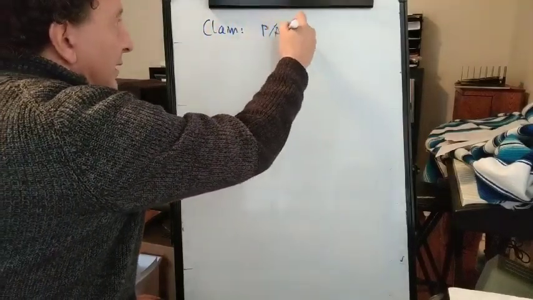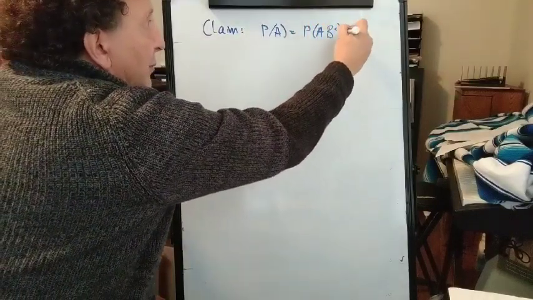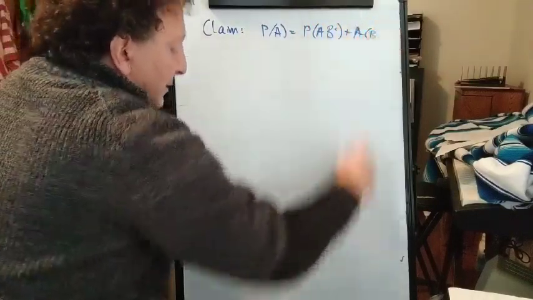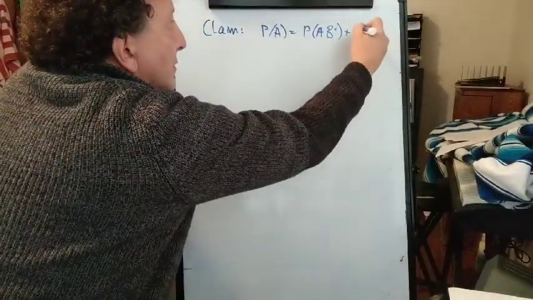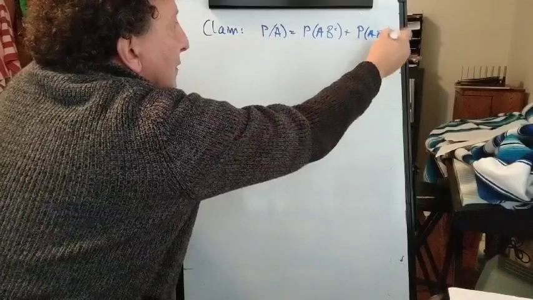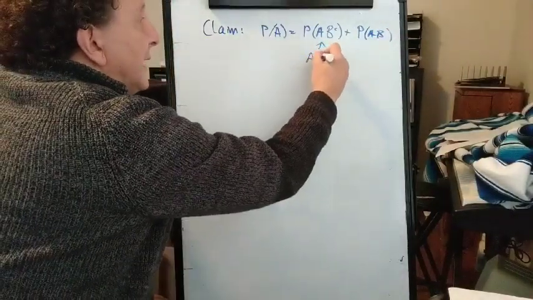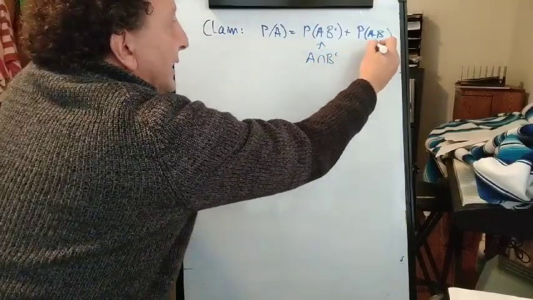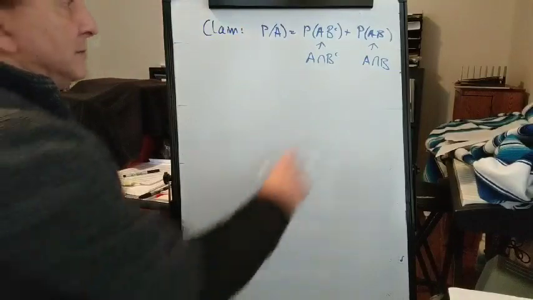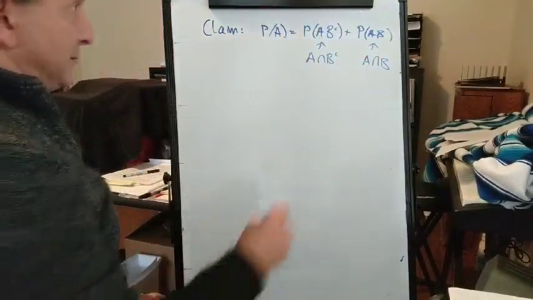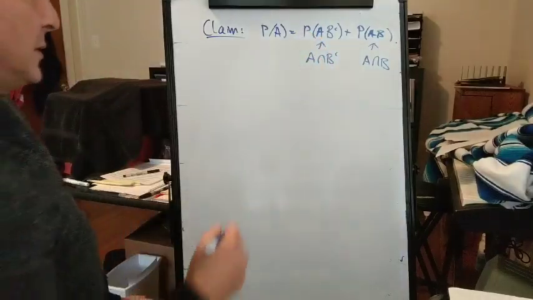Probability of A equals probability of A and B complement plus probability of A and B. Now a lot of times in probability we get lazy. Instead of writing A intersect B complement and A intersect B, we just write A and B, or A and B complement. So this is just shorthand for the intersection.